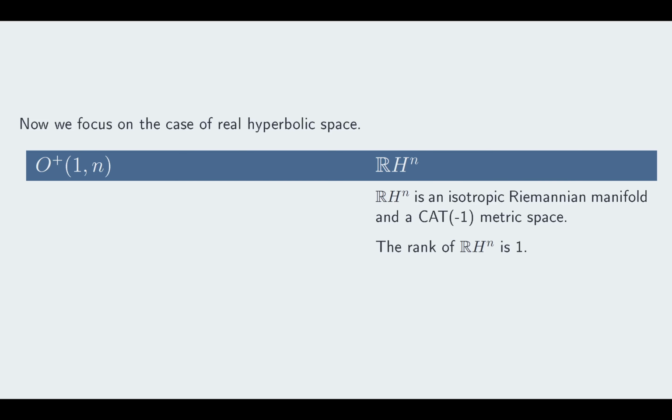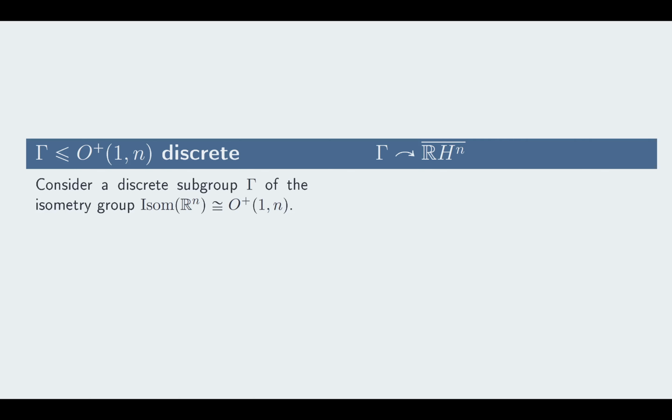But if that happens, then the curvature will not be minus one. That's why the rank is one. Another way to show this is using the fact that complete totally geodesic submanifolds in RH^n are just real hyperbolic spaces of a lower dimension.